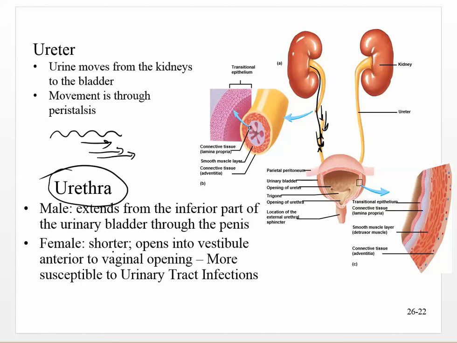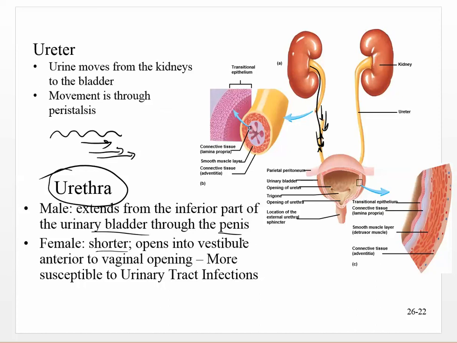So a couple of things. First of all, the male urethra goes through the penis. So from the bladder through the penis, and the female is going to be shorter, because there's no penis, and opens into the vestibule anterior to the vaginal opening, so near the vaginal opening.